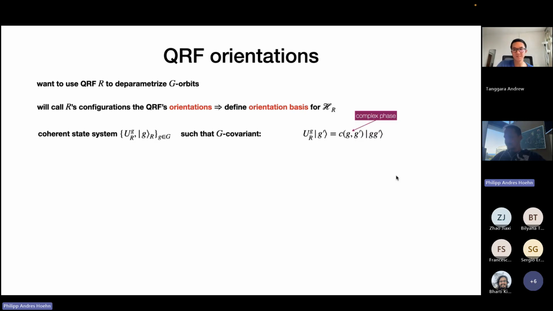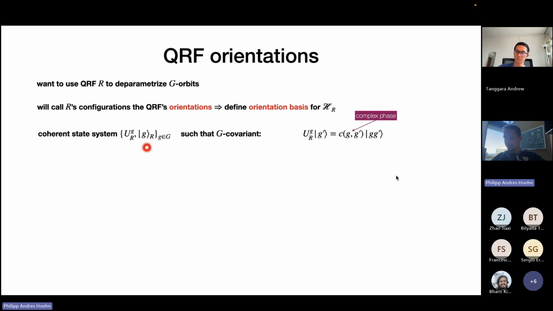So anyway, we want to define the orientations of the frame, and these are its configurations really. So we want to define some orientation basis of the frame, and as we want the configurations to transform non-trivially under the G transformations, a good way of doing this is by defining a coherent state system.